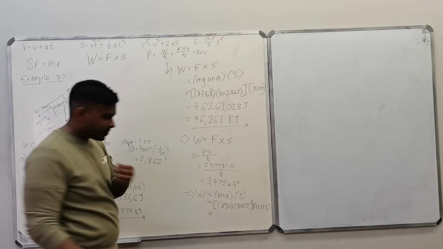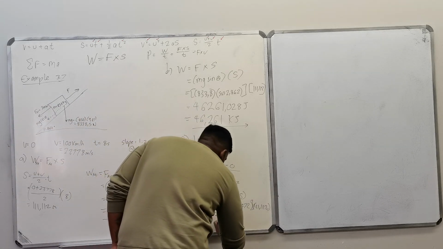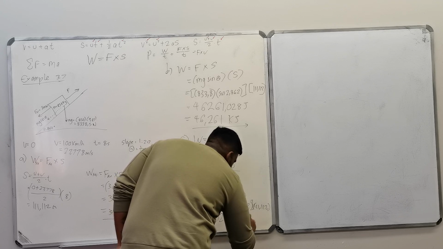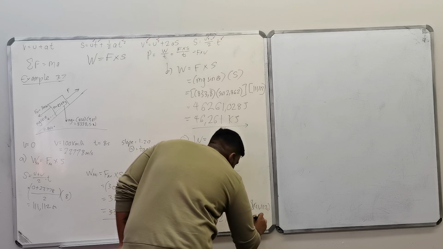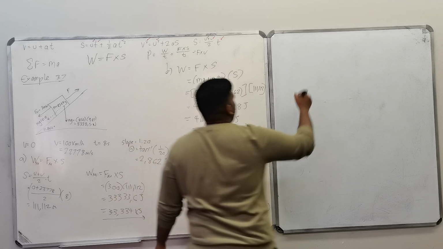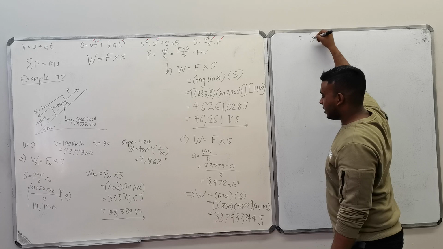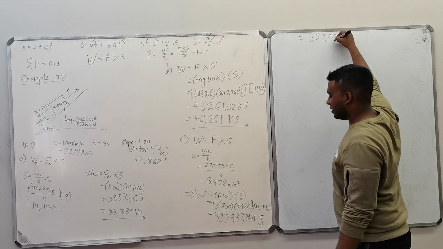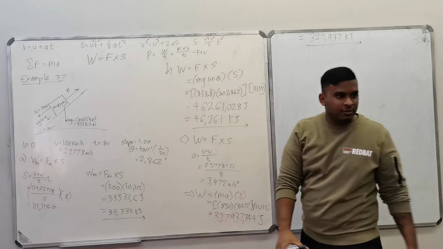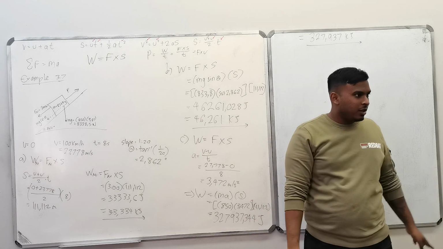The answer is 327,937.344 joules. If you are to write it in kilojoules, it will be 327.937 kilojoules. Okay, that's that. Still okay? Good.